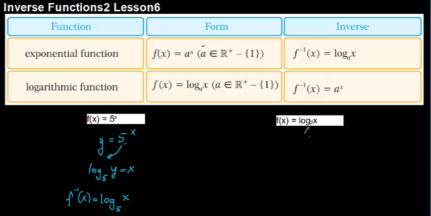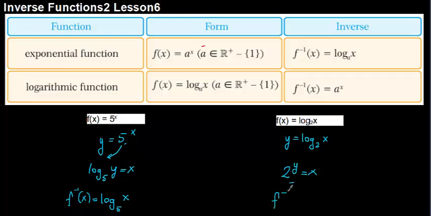Okay, here we have y is equal to logarithm base 2 of x. I want to get x alone, so I need to send the 2 to the other side. This is a logarithmic base. When you send it to the other side, it's going to be an exponential base. So 2 to the power of y is going to be equal to x. When x is alone, what you find on the other side is the inverse function.